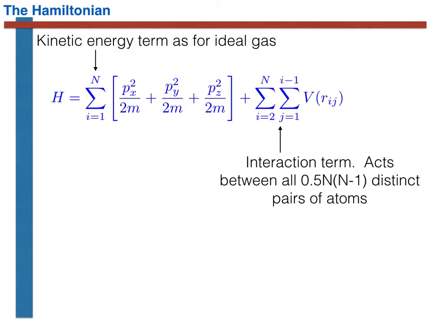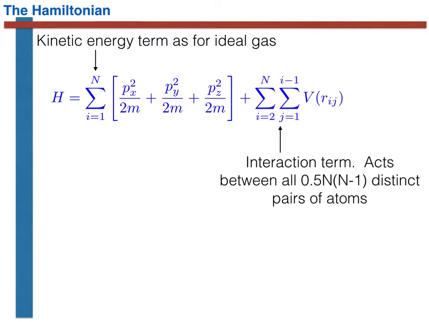When they get a little further away, they will then attract each other through weak intermolecular interactions, such as the multipolar interactions or the dipole-induced dipole interaction, the so-called London forces. And furthermore, we know that these attractive interactions will get weaker and weaker as the atoms get progressively further and further apart. In short, this Hamiltonian, which is a sum of a kinetic part and a potential part that depends on the distances between pairs of atoms, makes a great deal of sense.